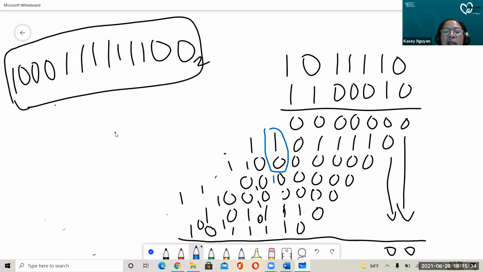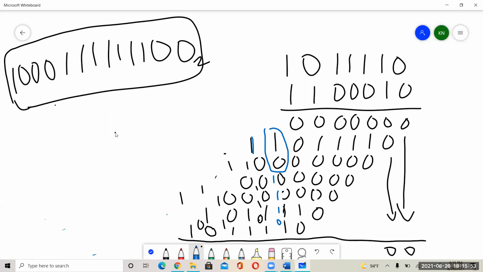I put a little 1 there, so I know a 1 plus a 0 again is a 1. A 1 plus a 0 is a 1. And then a 1 plus a 1 is a carry, right? It's a 0 with the carry, and then a 0 with the 1 is a 1. So what is the answer under the line then? Because we carried, oh, it's a 0?